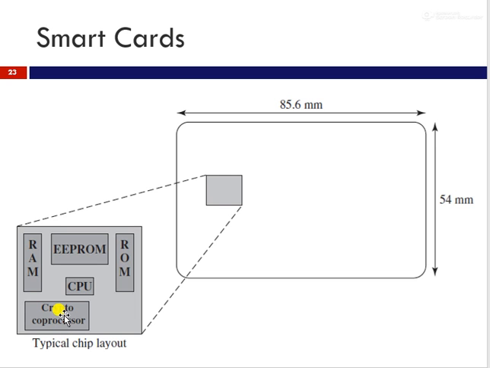You are not executing those cryptographic algorithms on the CPU, but you can have this specialized hardware implementation on the crypto coprocessor to aid the CPU in running these computationally more intensive cryptographic algorithms.